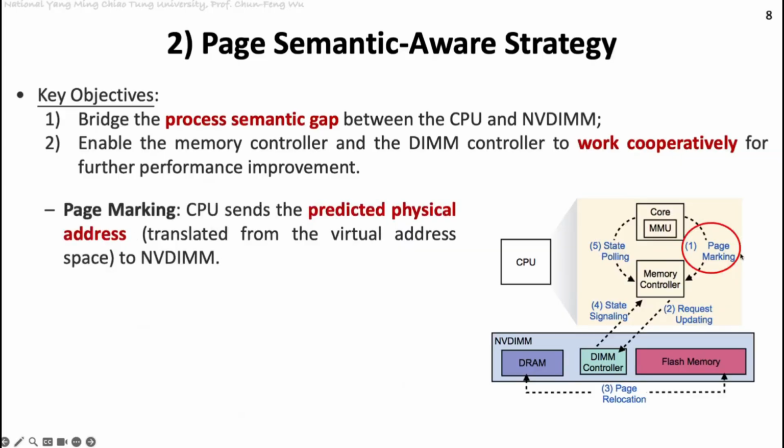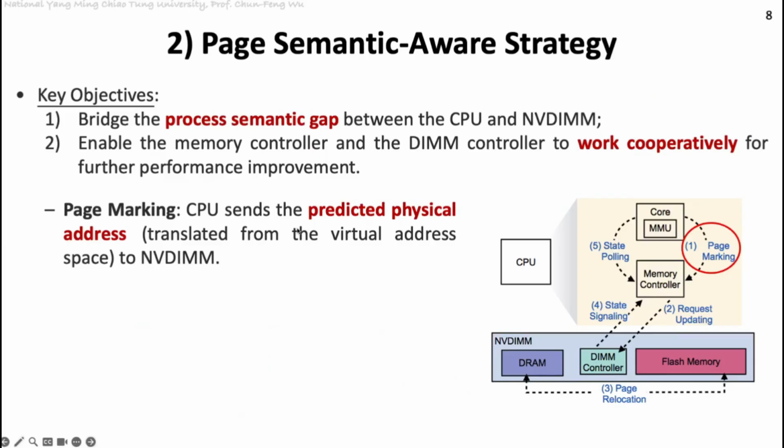As you already know, in the current CPU, we should translate the virtual address to the physical address before the CPU accesses the memory, because current programs are written on the virtual address. So the CPU should first do the translation from virtual address to physical address.